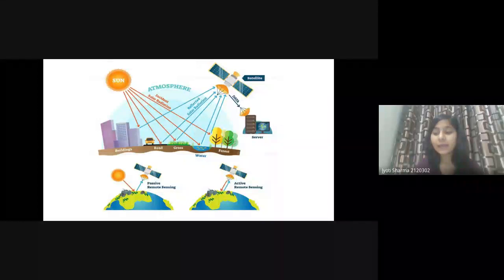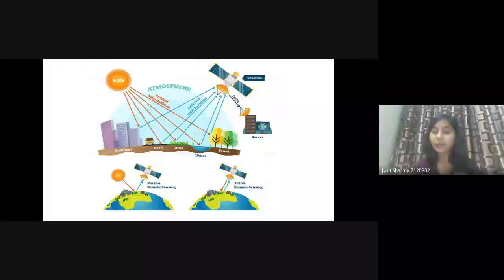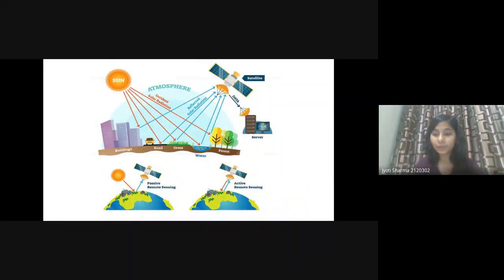Sometimes we need another kind of radiation to get another kind of information. For example, a satellite needs radio waves to be incident on the surface, and we want them reflected to the sensor as well. So where will this radio wave come from?